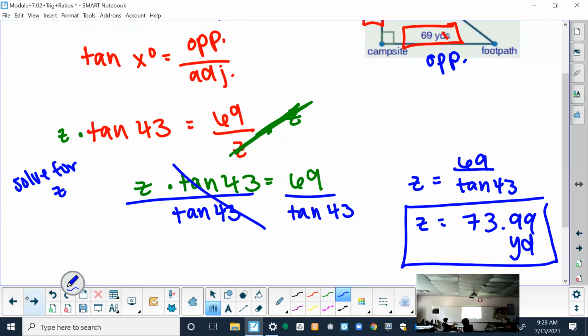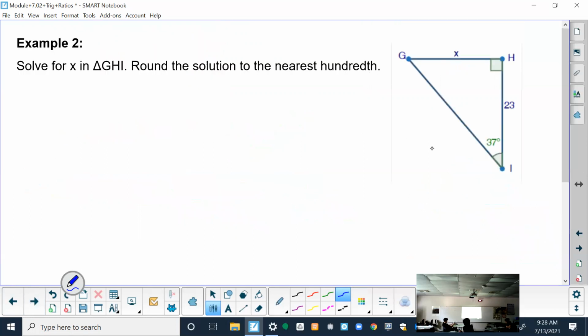All right, just one more, then we'll go on break. So next page. We are given a triangle, doesn't tell us what function to use, but here's how we figure that out. Look for the angle that they labeled.